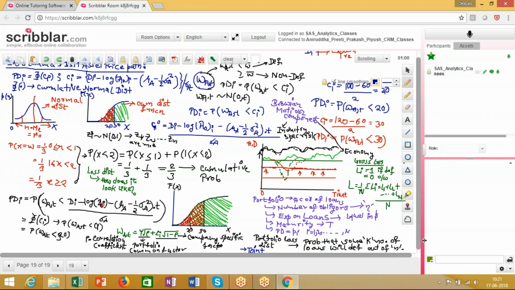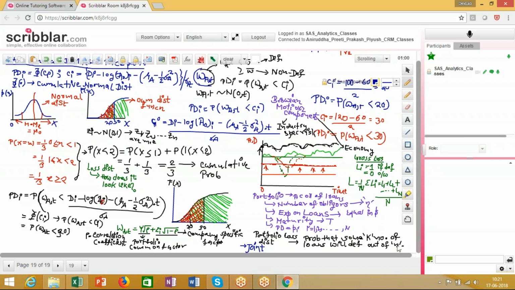That is what we call the joint probability of default.